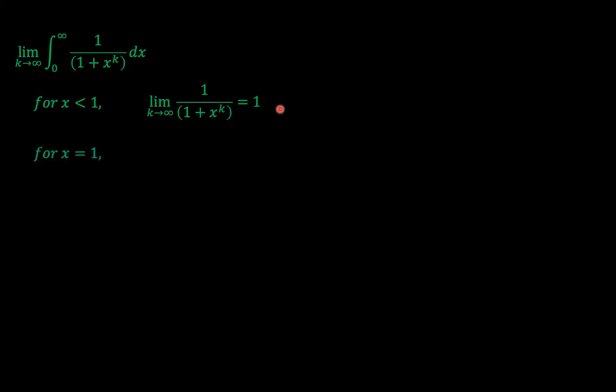For x equal to 1, the limit as k tends to infinity of 1 over 1 plus x to the power k is equal to 1/2. And when x is greater than 1, the limit of 1 over 1 plus x to the power k is equal to 0.